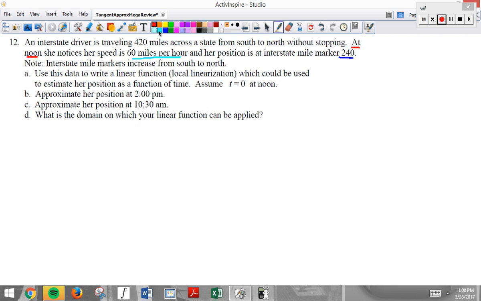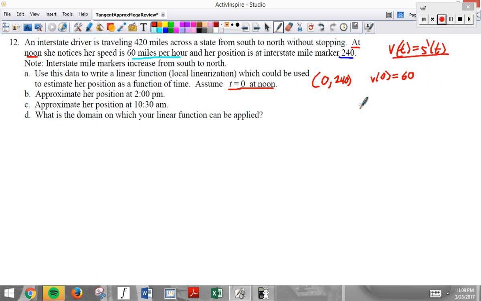So, if t equals 0 at noon, I have a t coordinate, a position coordinate, and I have the velocity at noon, which is 60. And velocity is the derivative of position, right, folks?